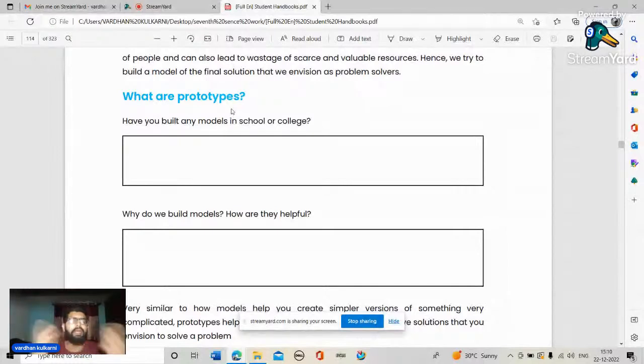So what does that prototype help with? Seeing those models, we understand what kind of situation might arise, and what kind of benefit we can get.